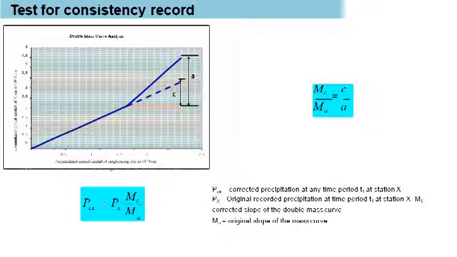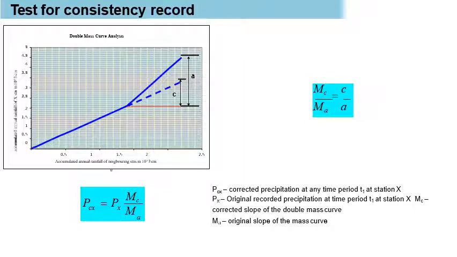Here you see that we have plotted on the x-axis the accumulated annual rainfall of all the neighboring stations, and on the y-axis the accumulated annual rainfall of that station X where we want to check whether it is consistent or not. As per this assumption, it should follow a straight line.